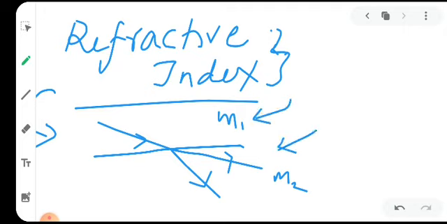You can define refractive index for medium 1. Similarly, you can define refractive index for medium 2. So it is the property of the medium itself which is used to define refractive index.